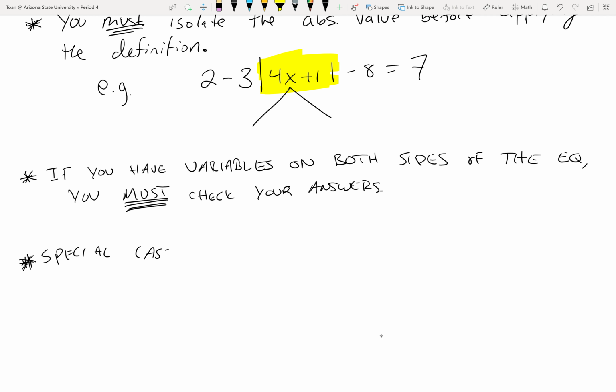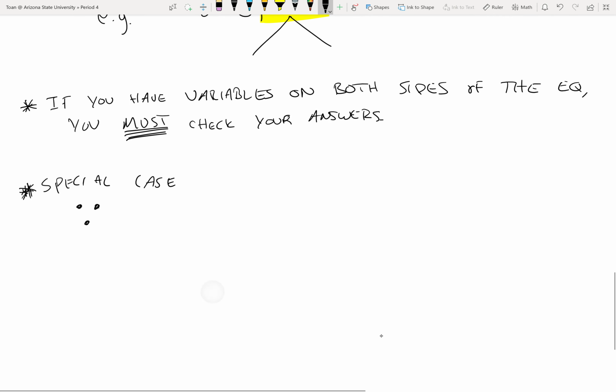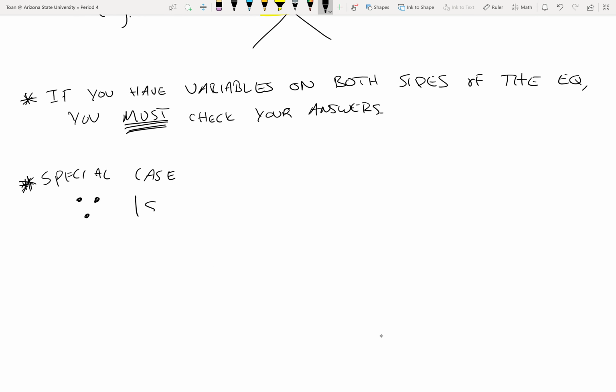It's a singular case. Because in math, absolute value always gives a non-negative answer.